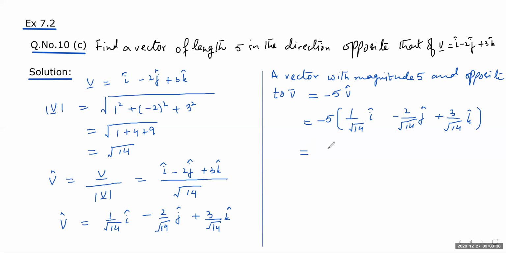As a result, it becomes minus 5 by square root of 14 into unit vector i, plus 2 into 5 is 10, 10 by square root of 14 into unit vector j, minus 5 into 3 becomes minus 15 by square root of 14 into unit vector k, and that is the answer.